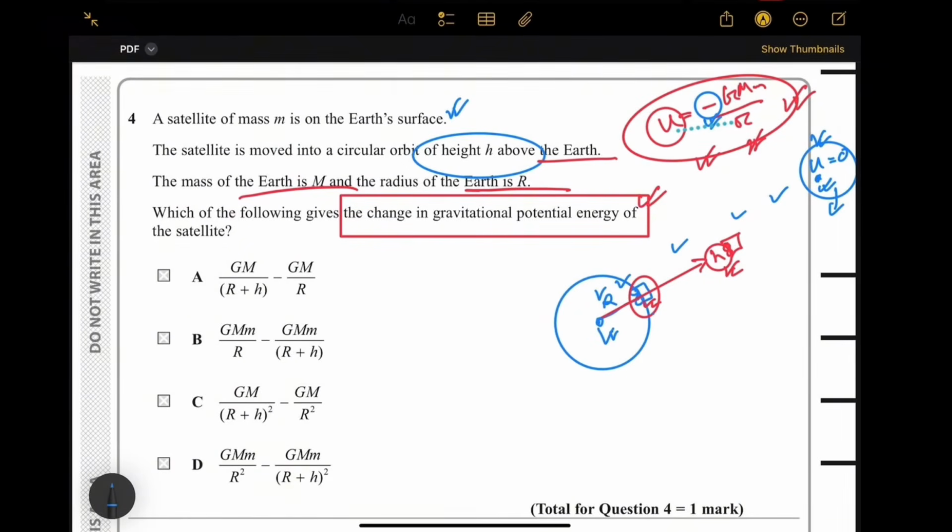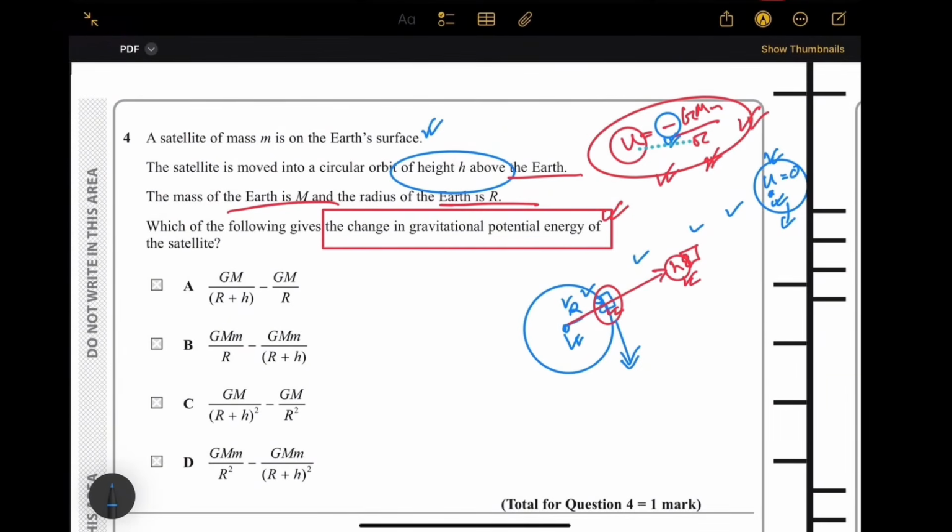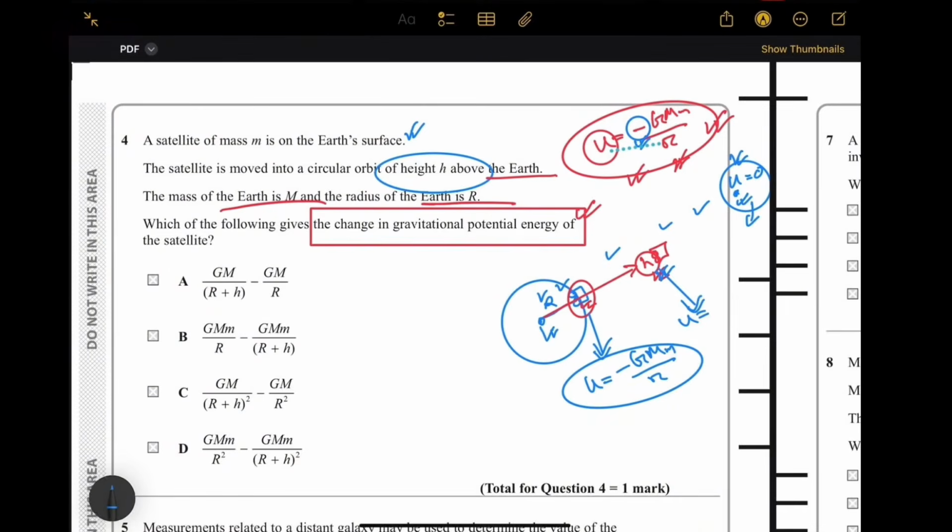So at the surface, the gravitational potential energy is U equals minus GMm by R. But when it was taken to height h, the gravitational potential energy will be minus GMm by, not this radius, because now the radius is R plus the height, so it is R plus h.